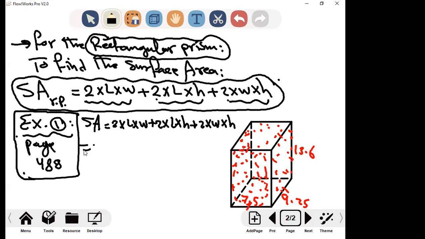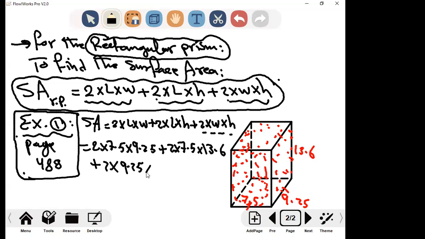Equals 2 multiply length, 7.5, multiply width, 9.25, plus 2 multiply length, 7.5, multiply height, plus 2 multiply width, 9.25, multiply height. Let's multiply and add.